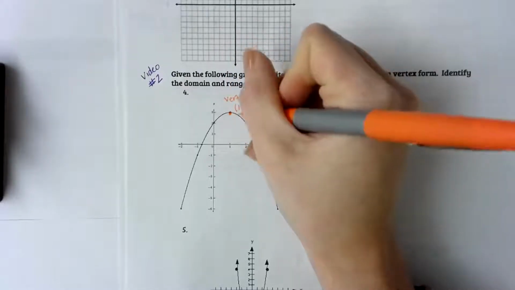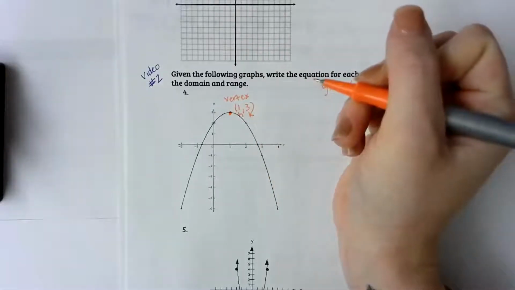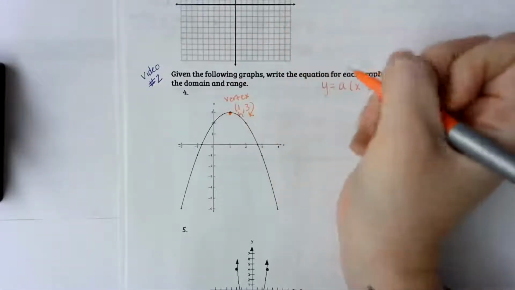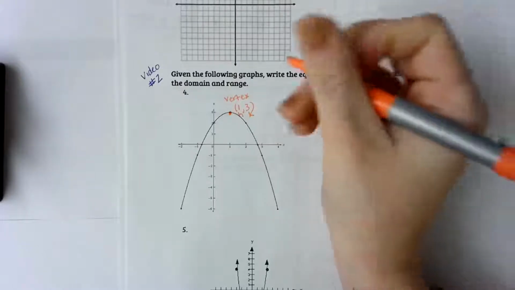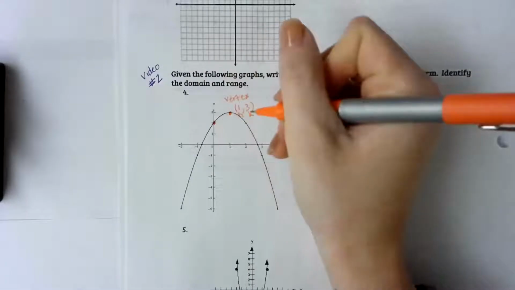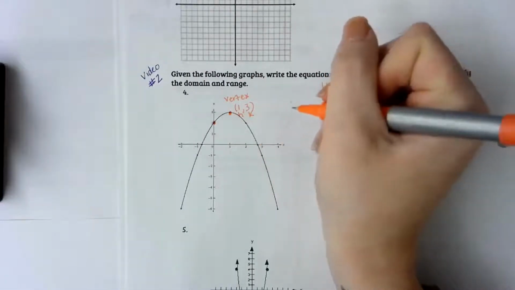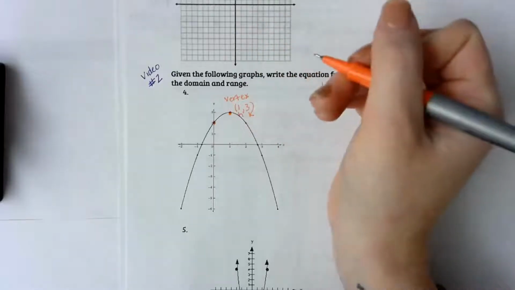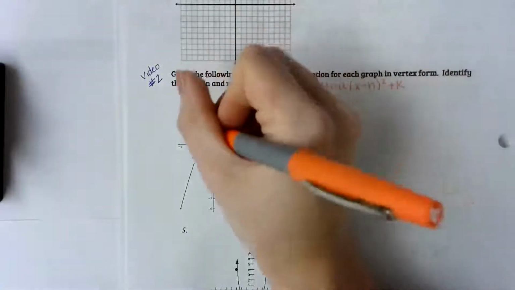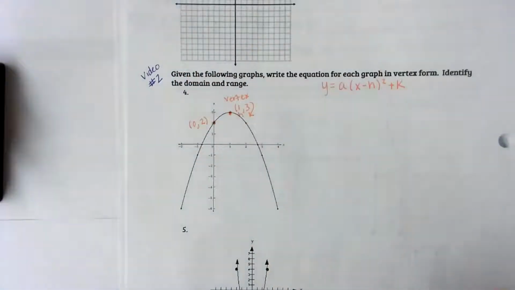And remember that this is h and that this is k. And then you're going to need some other point. It doesn't matter. I like using the y-intercept if it does cross at the y-axis and it's not your vertex, just because then one of your values is 0. But it doesn't really matter. So this is 0, 2.